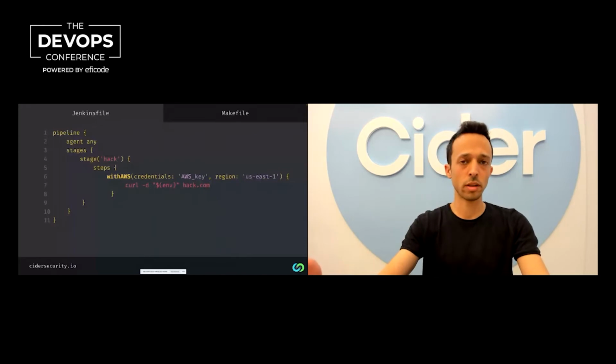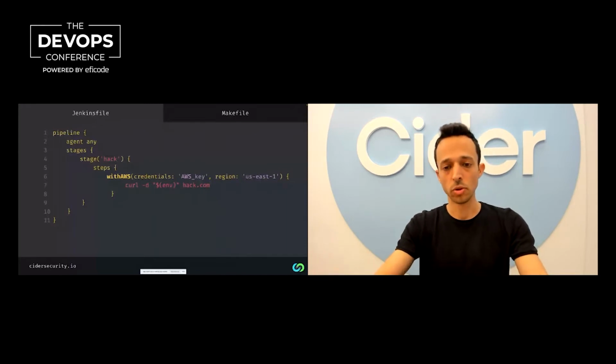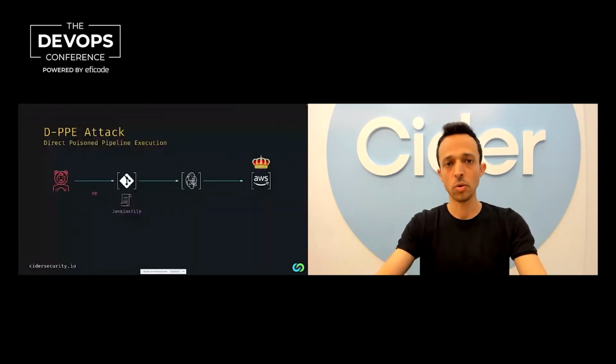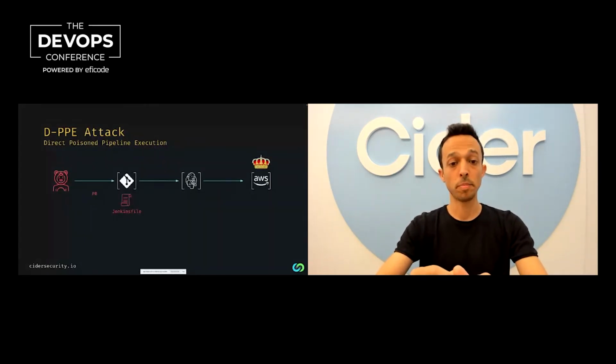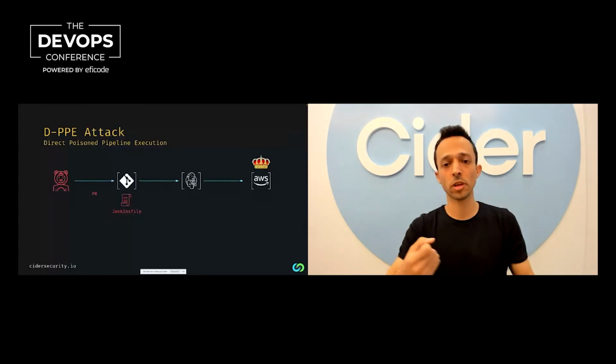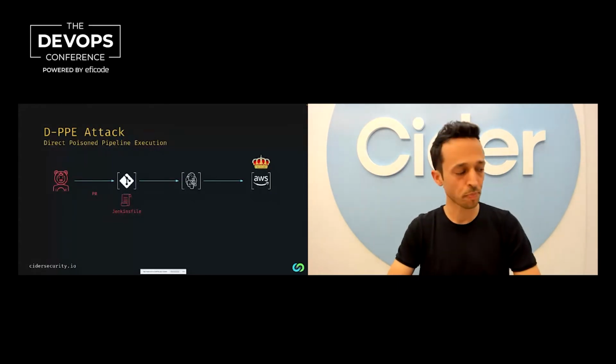Now let's have a look at the attack flow. So the attacker creates a pull request with a malicious Jenkinsfile like the one we've just seen. Now, with the creation of the pull request, if this is how the CI and pipeline are configured, of course, the pipeline is triggered, fetching the code from the repository.